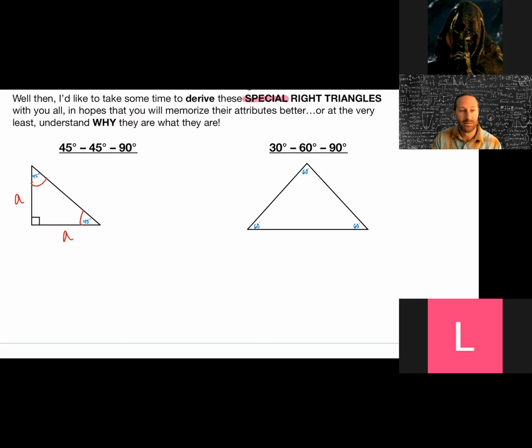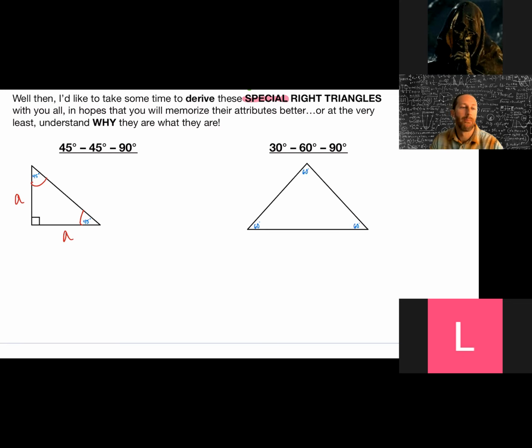Which means, if you guys remember, if we know 2 out of the 3 sides of a right triangle, what can we do to find that third side length? The Pythagorean Theorem?